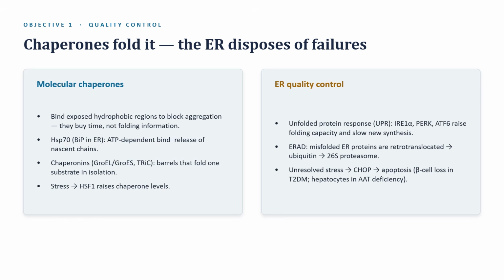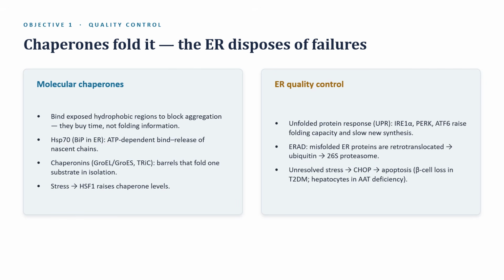On the right is the endoplasmic reticulum quality control. And this is the response to failure. When misfolded proteins pile up, the unfolded protein response through IRE1, PERK, and ATF6 raises folding capacity and slows new synthesis, while ERAD ships misfolded proteins out to the proteasome.